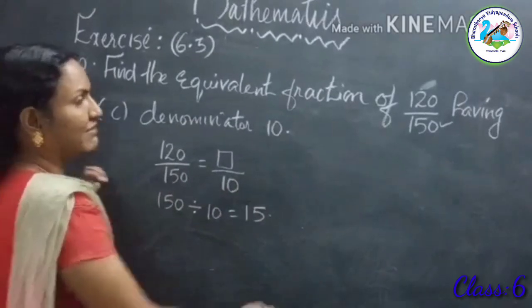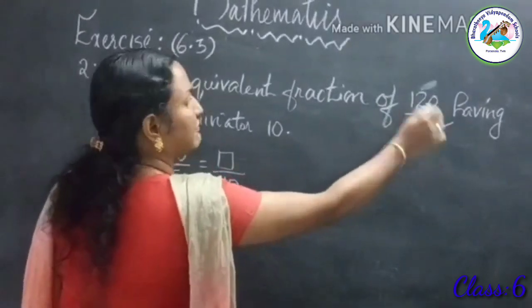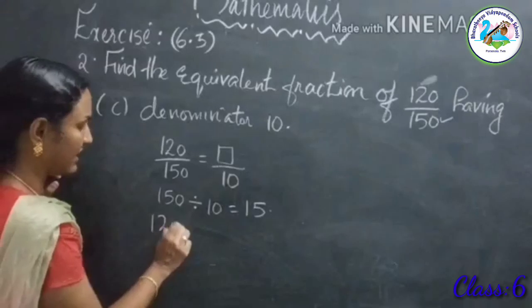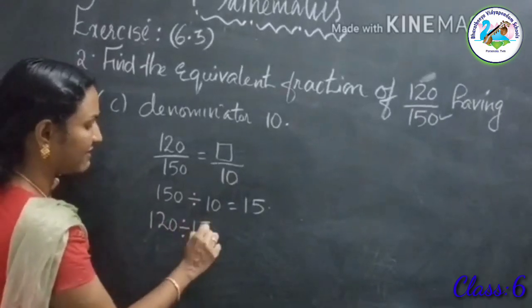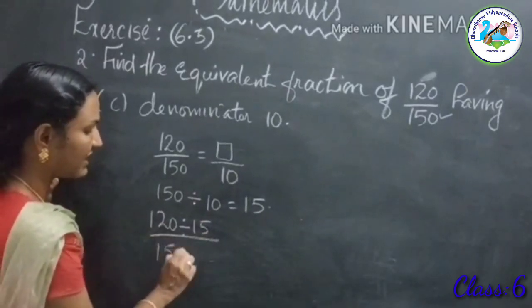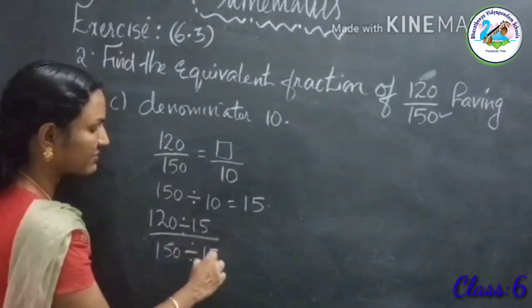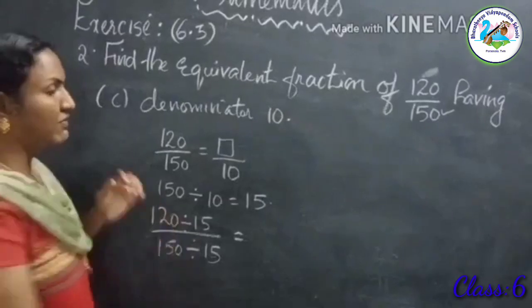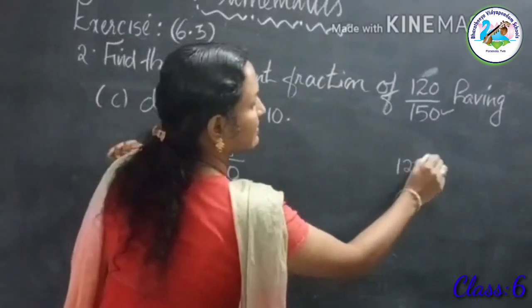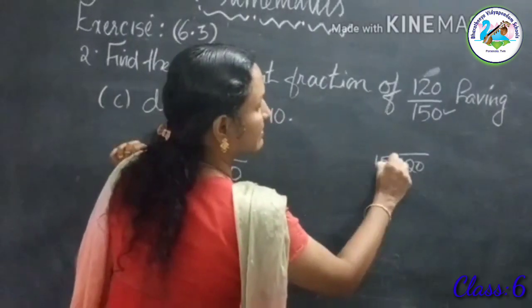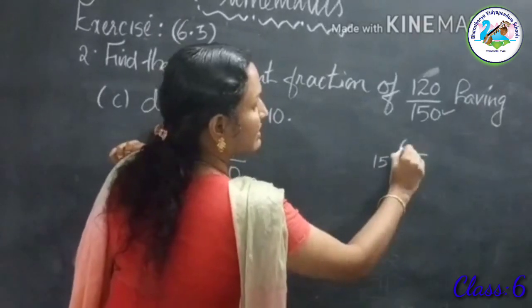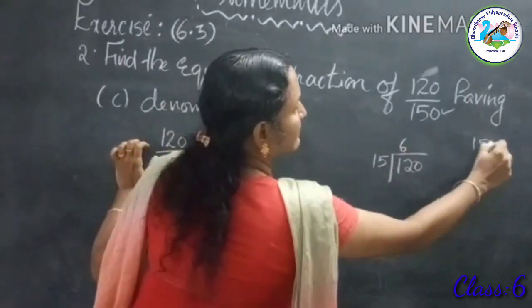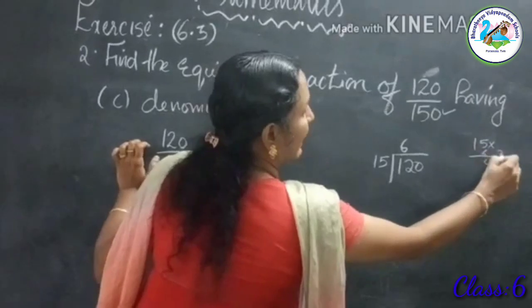Then we divide both the numerator and denominator by 15. 120 divided by 15, 150 divided by 15. How many 15s are in 120? 15 into 6, 90.